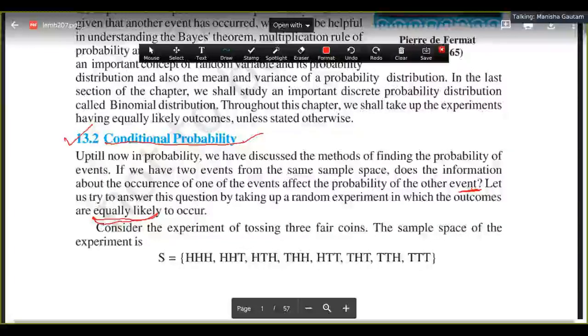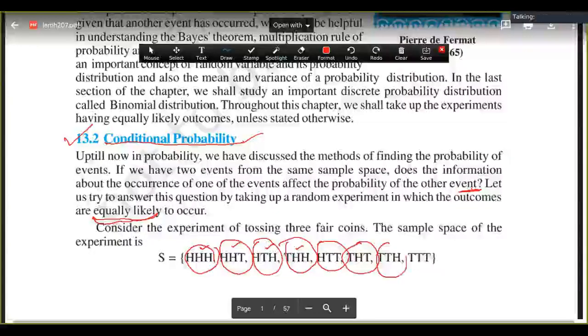Or you can say, if there is a sample space having 8 elements, HHH, HHT, HTH, THH, like this, it means the probability of each outcome is the same. All these 8 outcomes have the same probability. It means the events are equally likely.